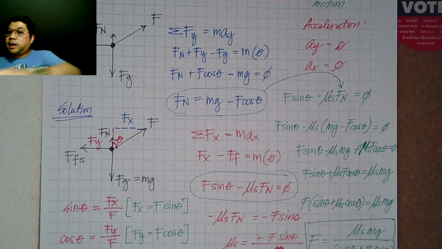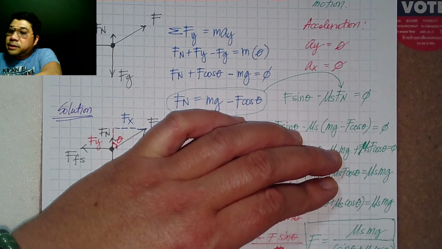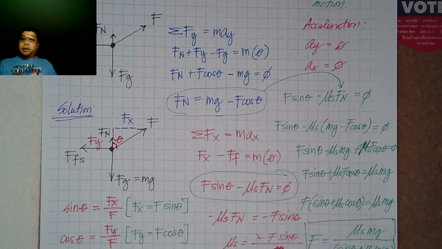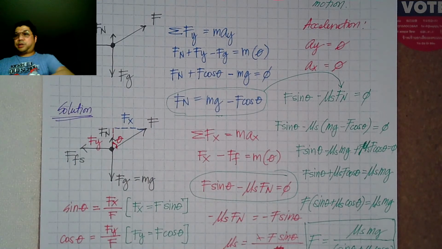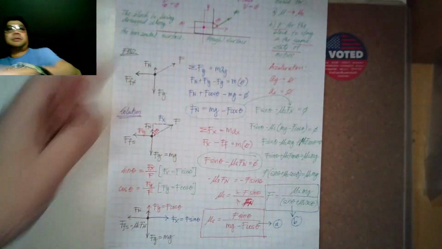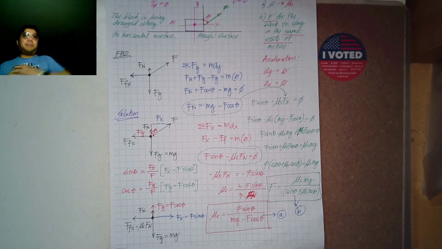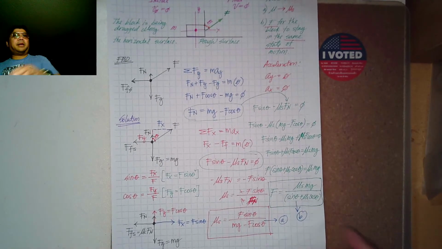So this is our answer to letter B. And again, this is our answer to letter A. Let me zoom out so you can see. Again, this is your solution to letter B, and this is your solution to letter A. Final answer for letter A and letter B.